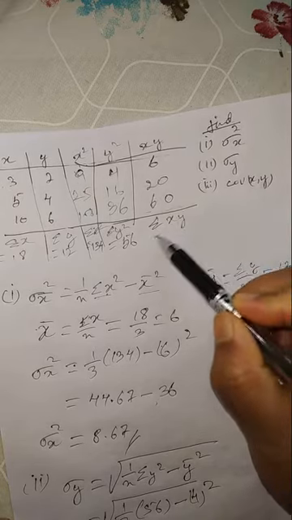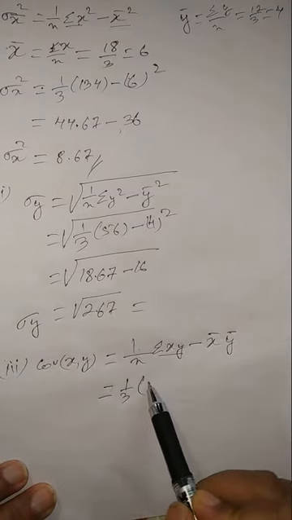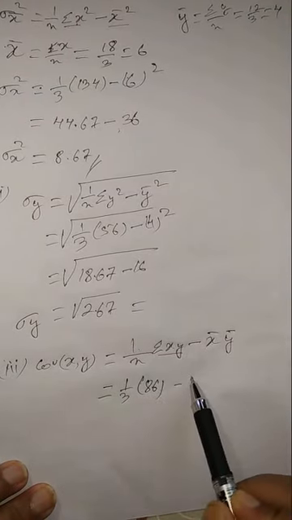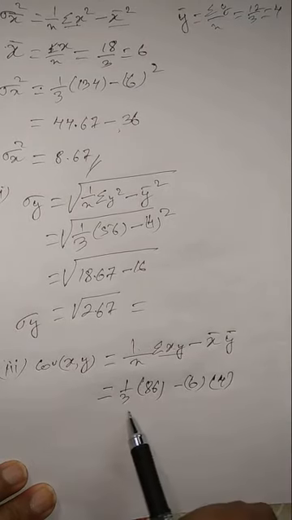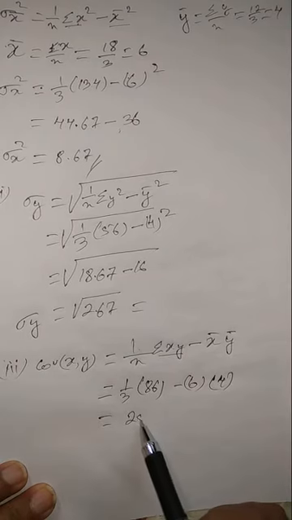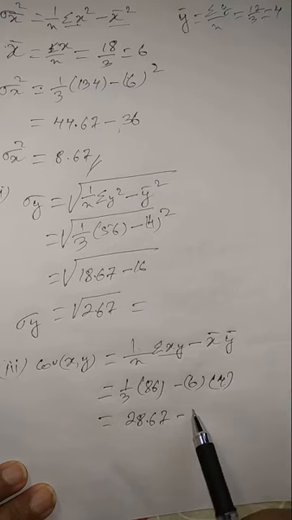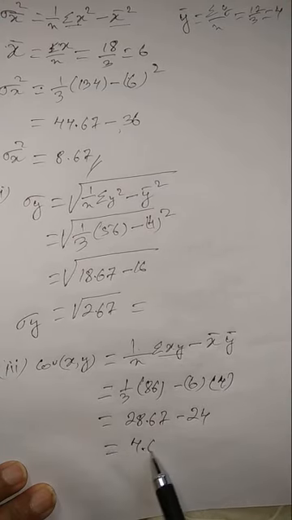Summation xy is equal to 86. Okay, so now let us apply it in the formula. 86 divided by 3, you'll get 28.67, minus 4 multiplied by 6, which is 24, which is equal to 4.67.